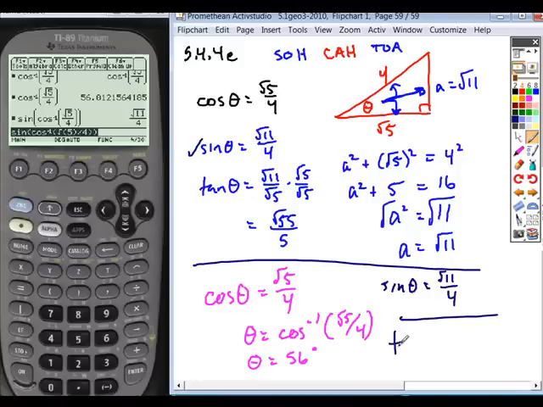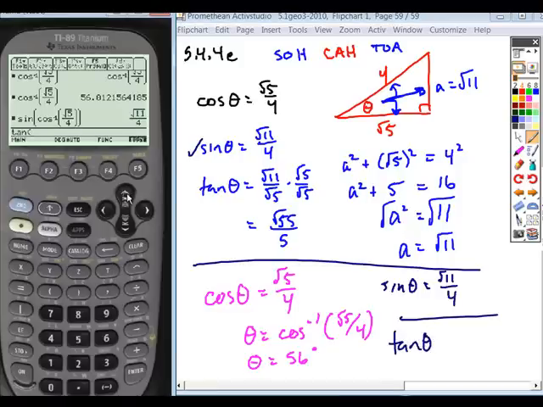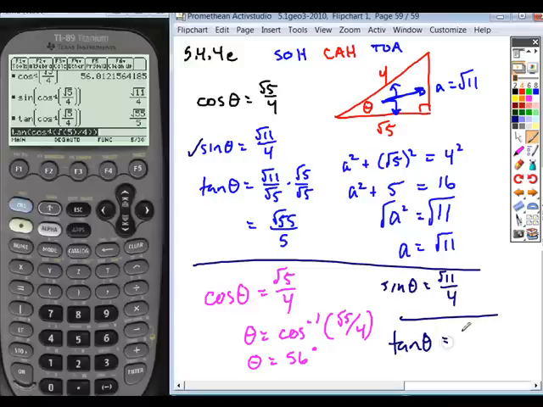And then we could also find the tangent of this by calculating tangent of, and again, just go up and highlight the exact answer. Notice I'm not choosing the decimal form, because if I chose the decimal form, it would give me an answer as a decimal. So for this particular case, since it's asking for the exact answer, I could just choose the exact form, and again, it confirms root 55 over 5 as my correct solution.